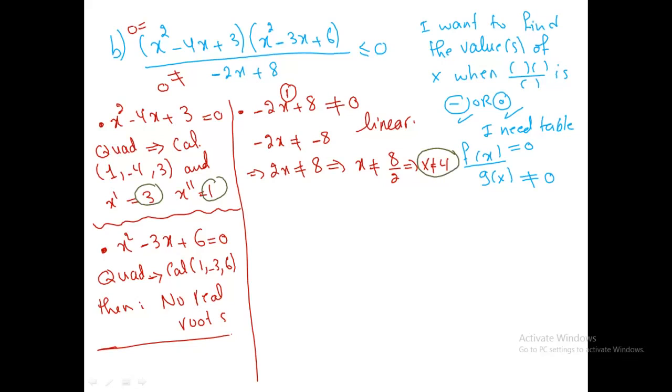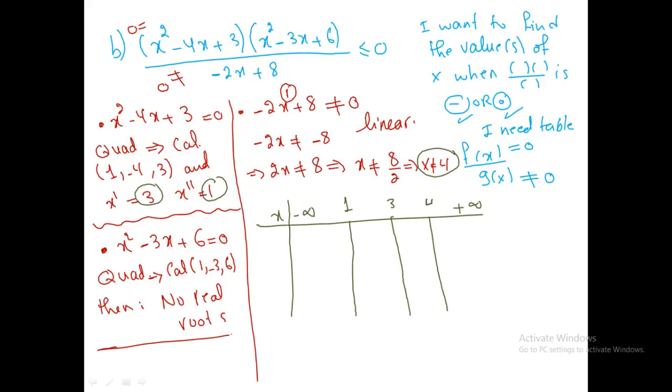I will make a table and arrange all the values of the roots from the smallest to the biggest. The first one is 1, the smallest one, then 3, then 4. The first quantity, the second, the third, all of them will be in the table.